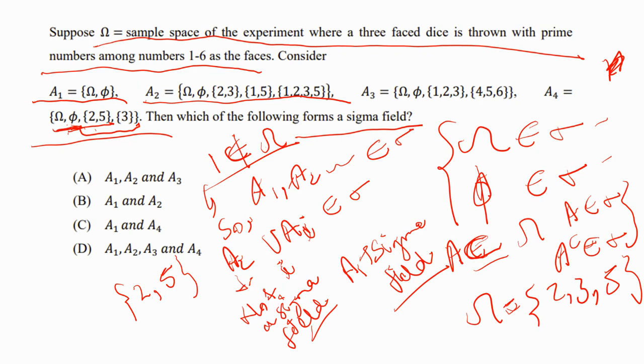What is the complement of {2, 5}? It is {3}, which is present. The intersection is the empty set, present, and the union is {2, 3, 5}, which is omega, also present. So A4 satisfies all the conditions and will also be a sigma field.